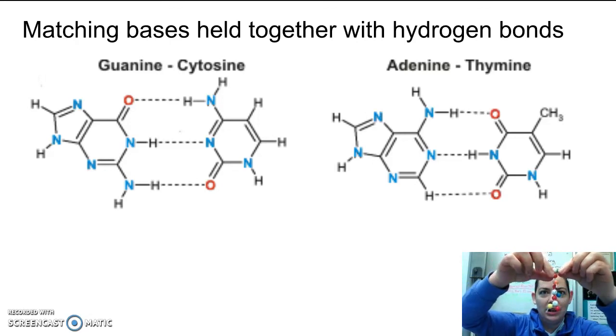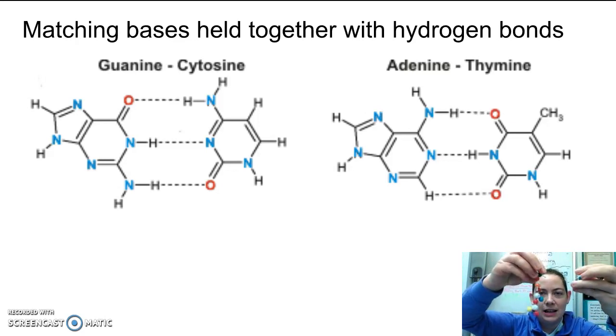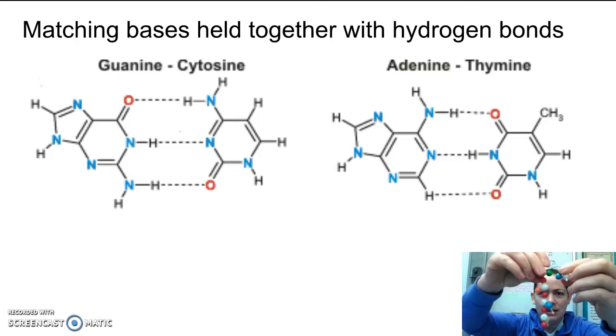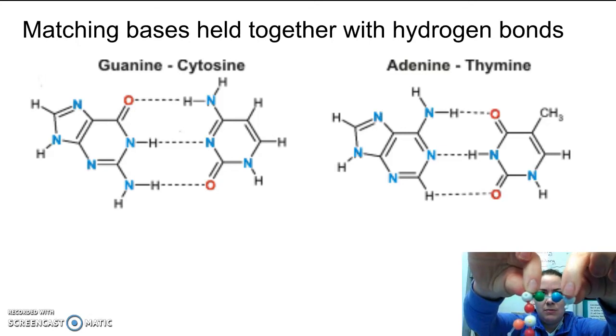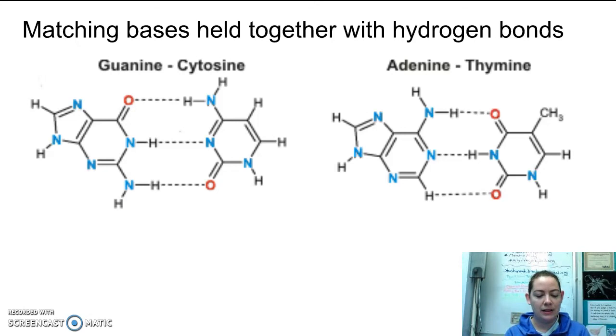So I've got sugar and then phosphate on this side. So I'm going to do phosphate and then sugar on this side. And then my C is going to match up and make a hydrogen bond with my G. So go ahead and close the video and work with your partner to make a double strand of DNA.